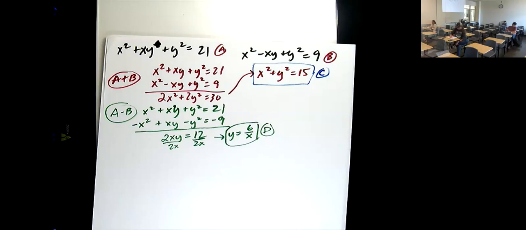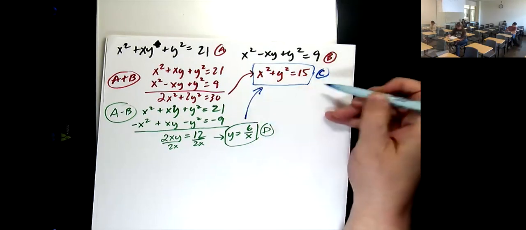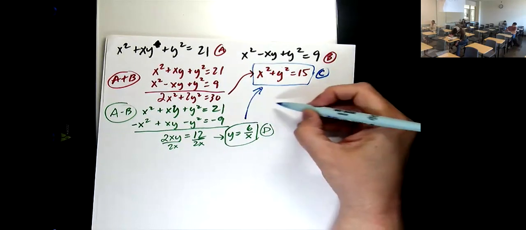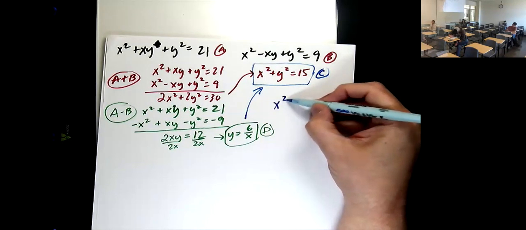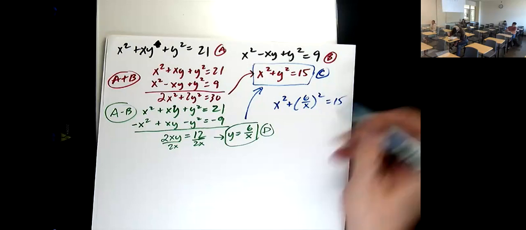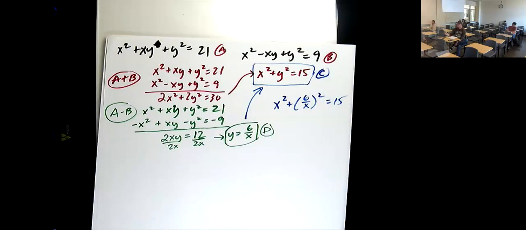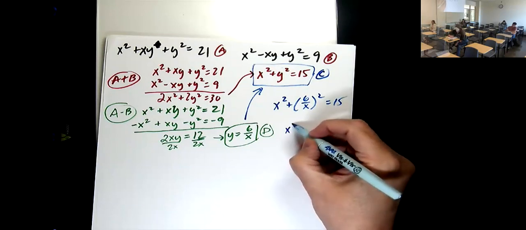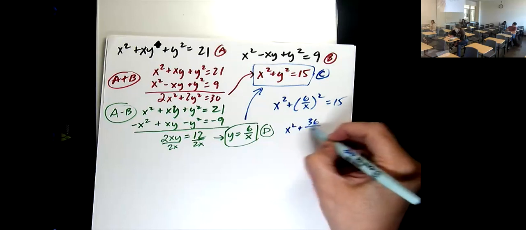I have a relationship. I don't have to like it. It looks like it's gonna be a bad relationship, but hopefully it works. Let's see what happens. Let's take D and plug it into E. If I do, I've got x squared plus 6 over x squared equals 15. So x squared plus 36 over x squared equals 15.